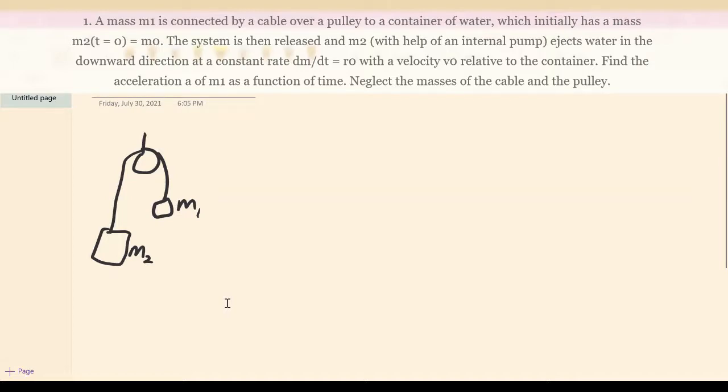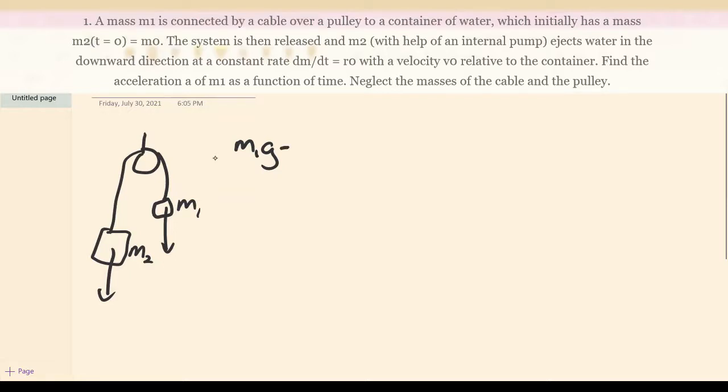Basically, we know that the force from gravity is just mg. So there is this gravitational force, and that's m1g, and then there's also this force, which is m2g.